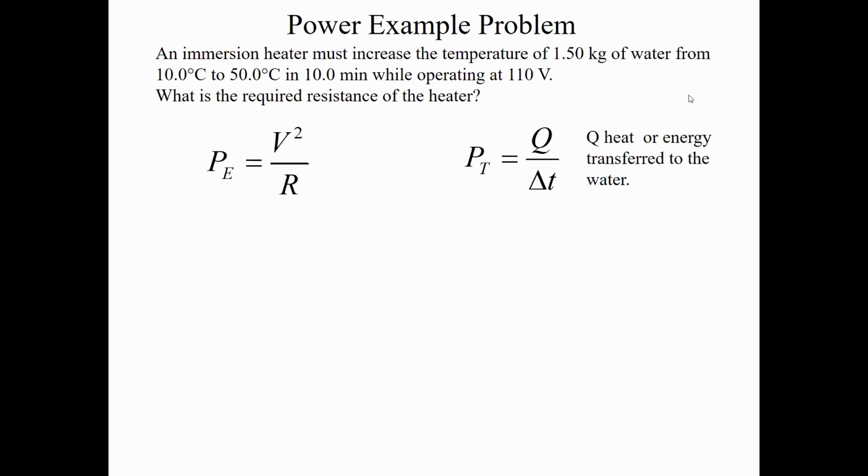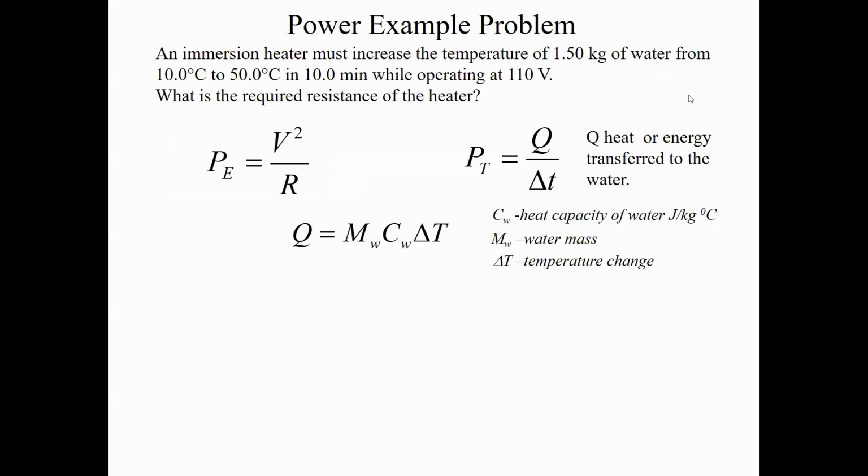And for the water, if you remember from thermodynamics, or thermal from 207, power into some material in terms of heat is this Q divided by the time, the duration, which is given to us as 10 minutes or 600 seconds. And the Q value is dependent on the mass of the water, the heat capacity of water, and the temperature change.